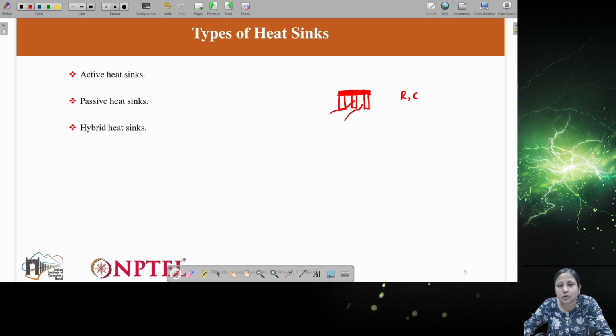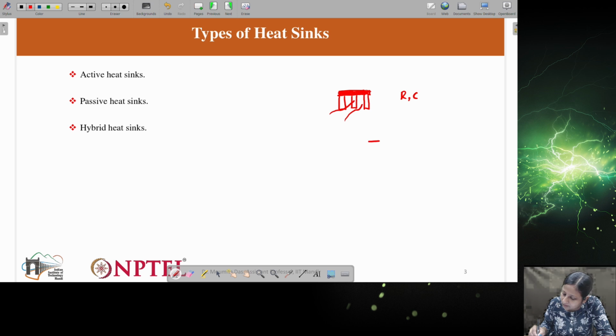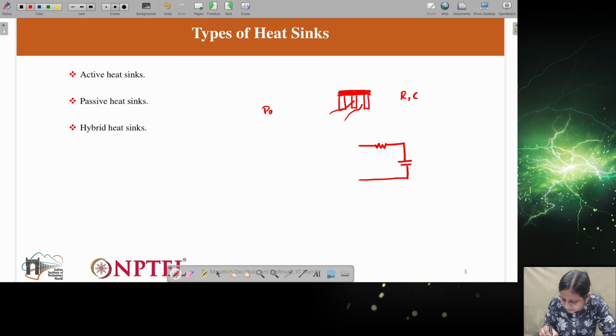It is not variable. Once you connect it to the system, whatever equivalent resistance and equivalent capacitance it gives will be fixed. So this is with respect to the passive heatsink.